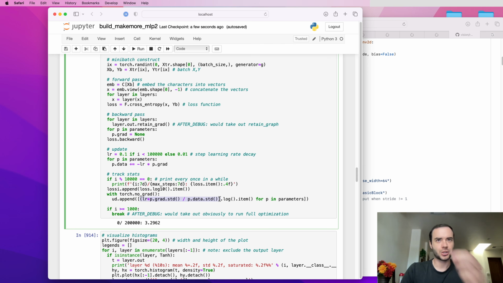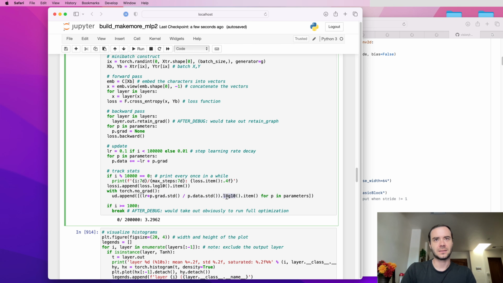So this is the ratio of basically how great are the updates to the values in these tensors. Then we're going to take a log, and actually I'd like to take a log10, just so it's a nicer visualization. So we're going to be looking at the exponents of this division here, and then .item() to pop out the float. And we're going to be keeping track of this for all the parameters and adding it to this ud list.